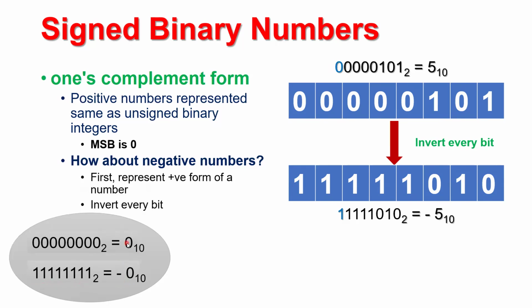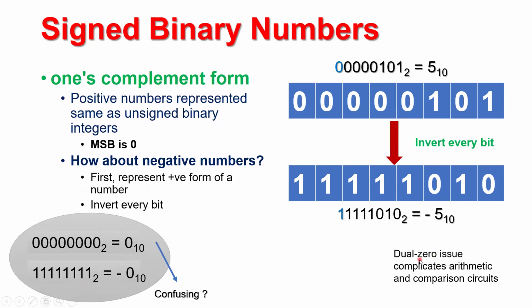So after inverting the 0, you have two ways of representing the same number, and that is not possible, or you would say this is confusing.